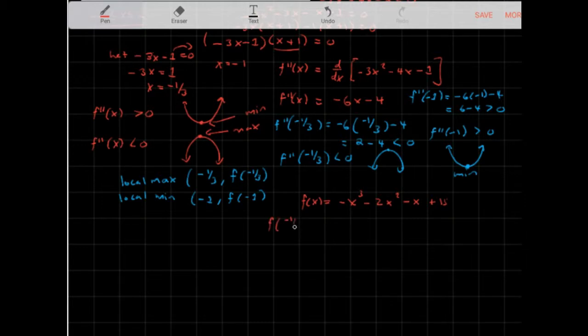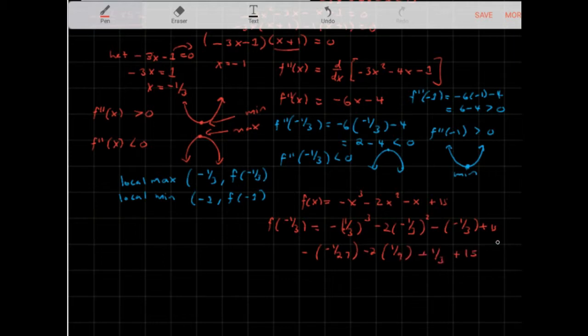So f of negative 1/3 is equal to negative 1/3 cubed minus 2 times negative 1/3 squared minus negative 1/3 plus 15. And if I crunch this out, this is negative 1/27, right? Minus 2 times 1/9 plus 1/3 plus 15.